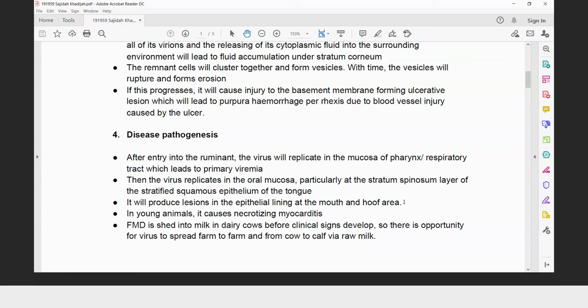In this case, probably E. coli. So when E. coli enters, the animal will have septicemia. You know septicemia? There will be bacteria in the blood circulation, and it can cause toxins also. So septicemia is the presence of bacteria as well as toxic material in the blood circulation.